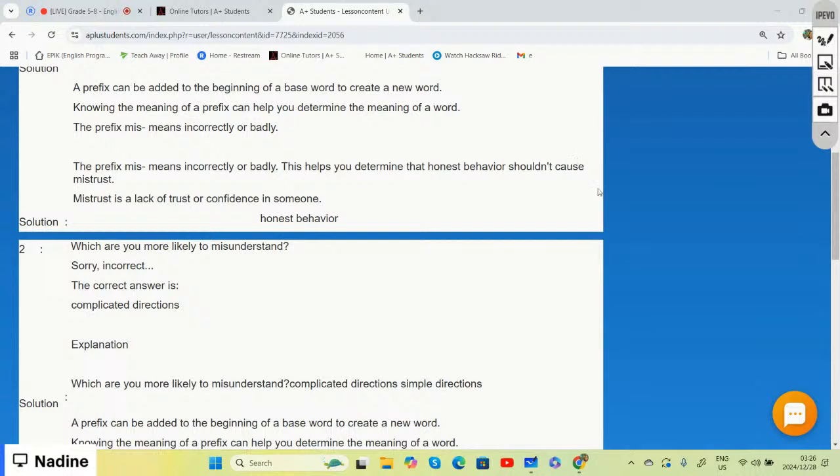All right. Now the next one says misunderstand. Which are you more likely to misunderstand?